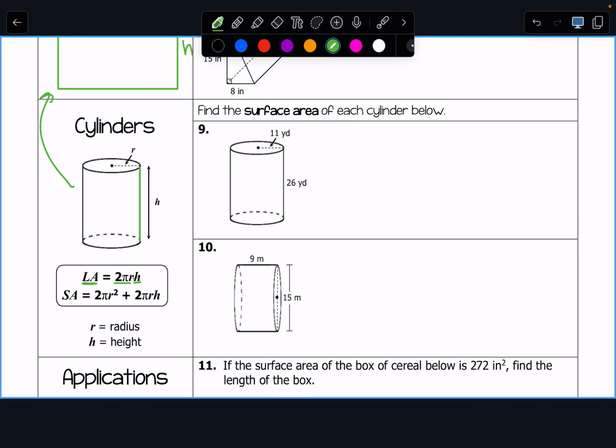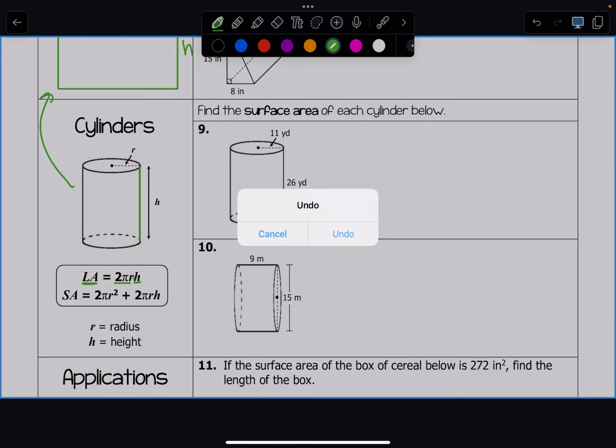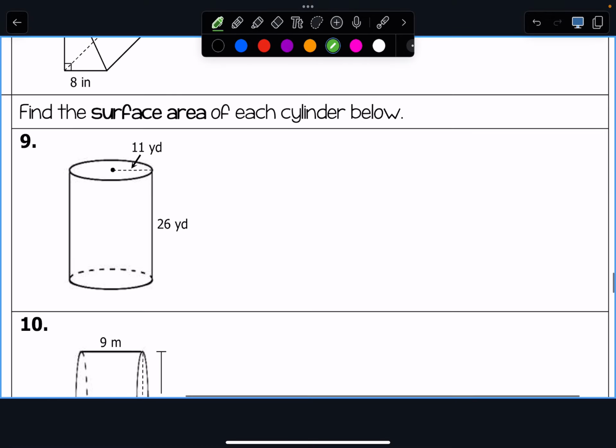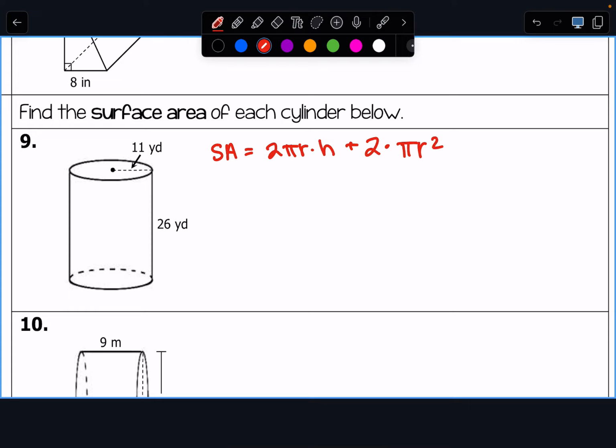Okay, so what's going to happen is we're going to have the lateral area plus 2 circles. So when we find the surface area of a cylinder, 2 pi r times h is our lateral area, plus we have 2 circles, pi r squared.